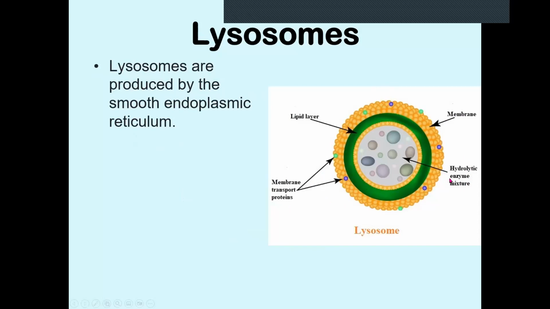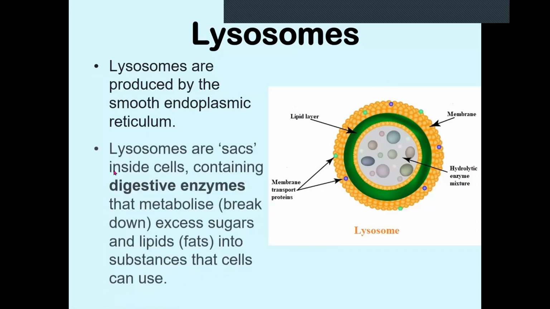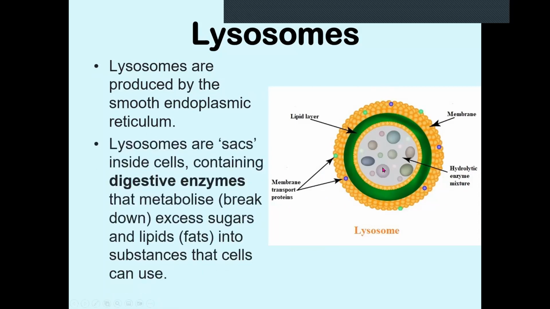Now this word here, hydrolytic, so these are enzymes that help break down the proteins and other things in them. They contain these enzymes, and they break down excess sugar, lipid, whatever, into substances that cells can use. So everything's recycled. It doesn't get thrown away. So these lysosomes help in this process of apoptosis.